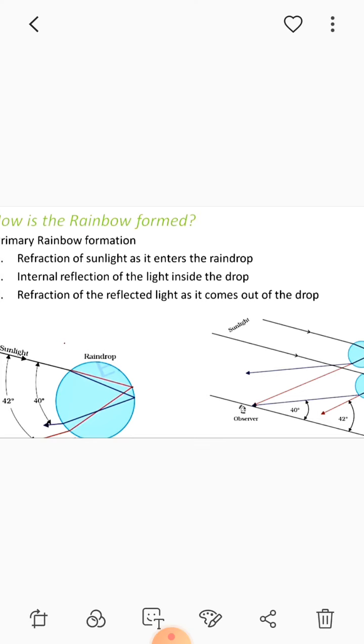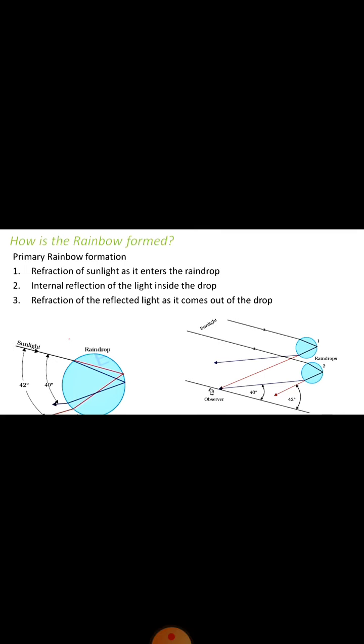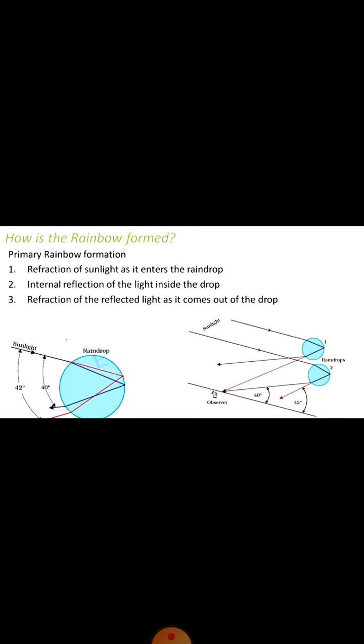Now you can understand why we see a rainbow after a rain. Because only after a rain would you have so many water droplets in the atmosphere. Why do we see it when one part of the sky is sunny? Because then you will have sunlight, and sunlight and raindrops are the two necessary things for rainbow formation. And why are you able to see a rainbow only when you keep your back towards the sun?